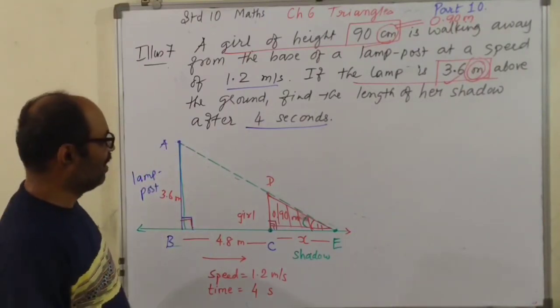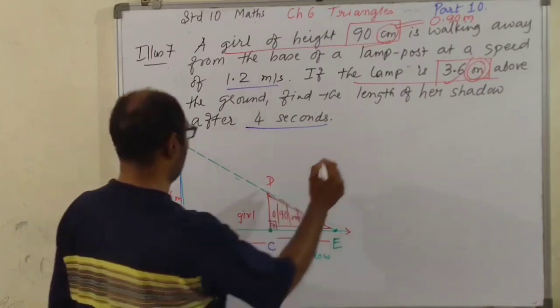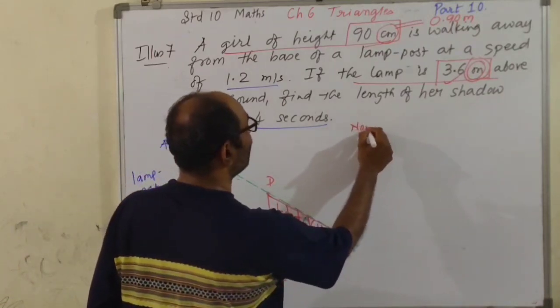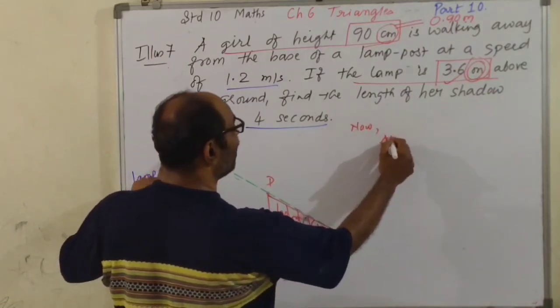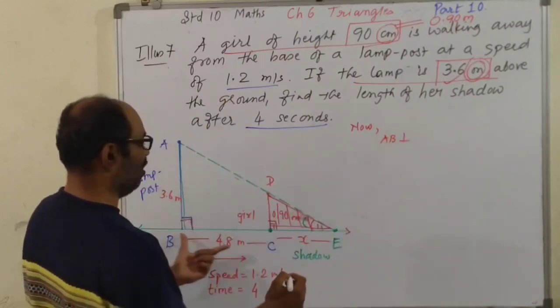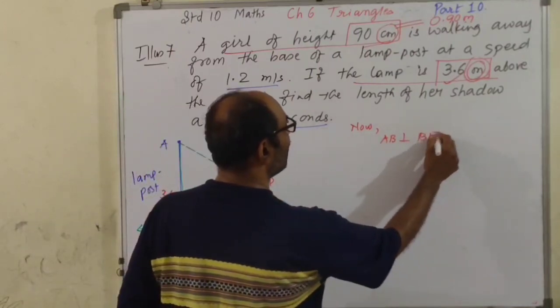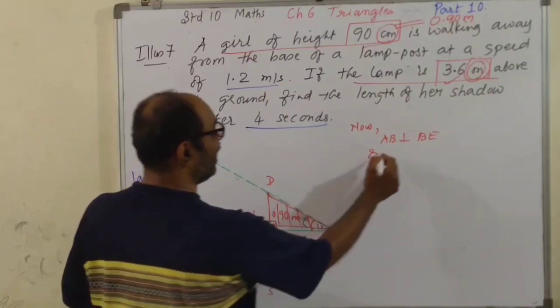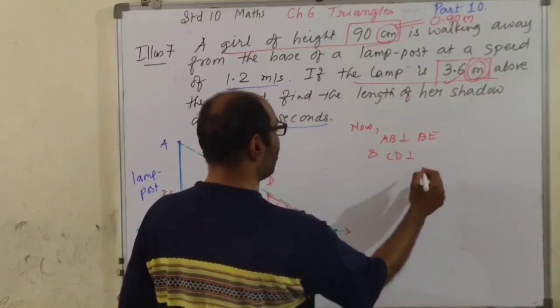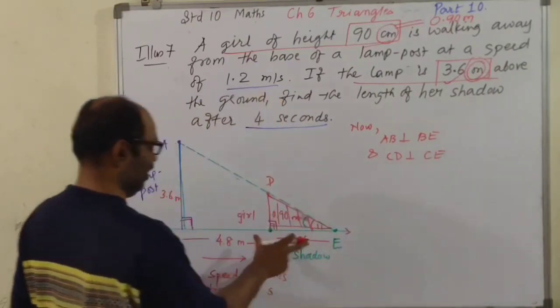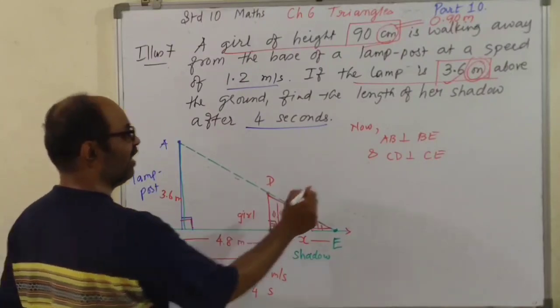So please now let's pay attention. AB is perpendicular to BE and CD is also perpendicular to CE, you may write, and even BE you can write.